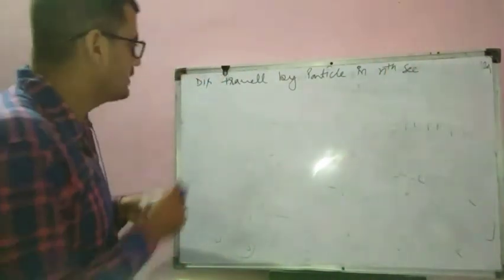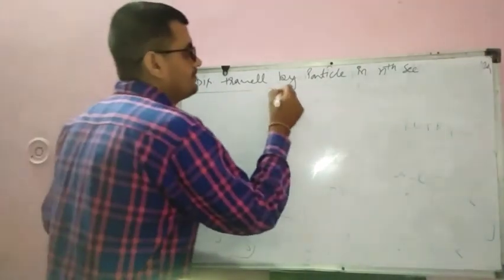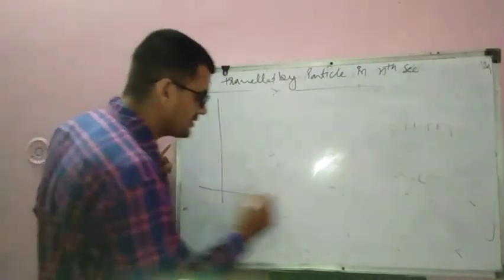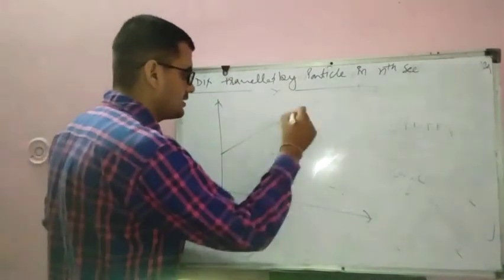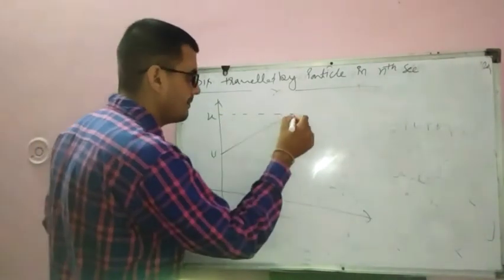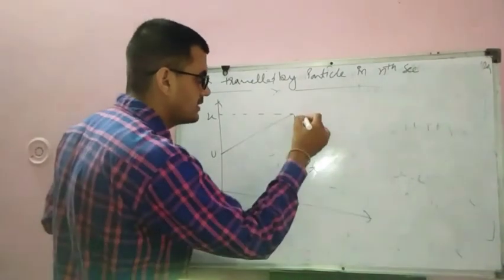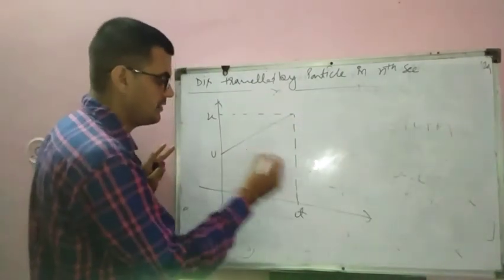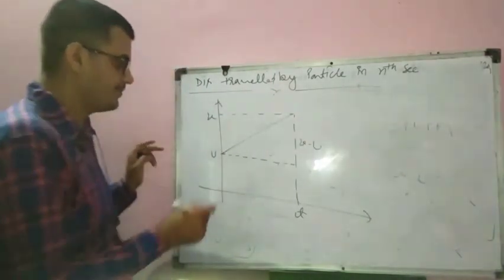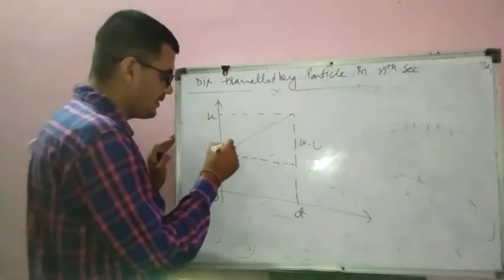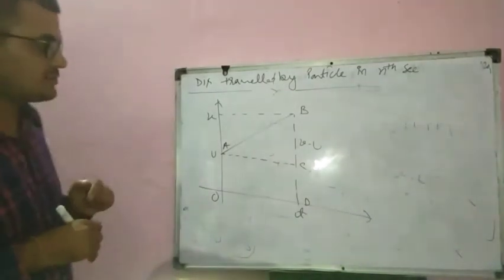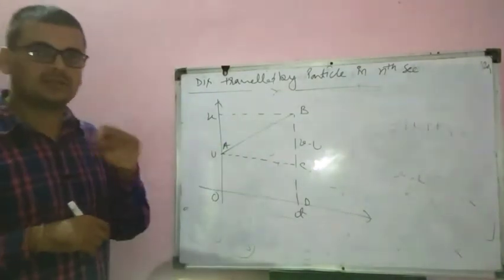Okay, again we have to redraw that graph. This one is U, this one is V, and this one is T. So this will be V minus U. Okay, this one is O, A, B, C, D. Okay students, this graph is the same as the previous one.